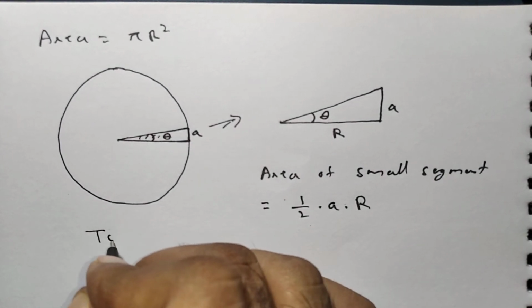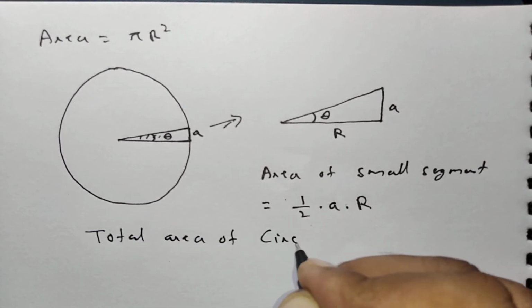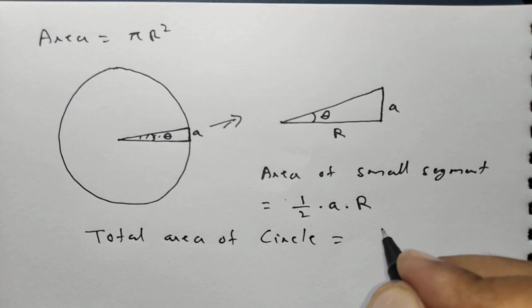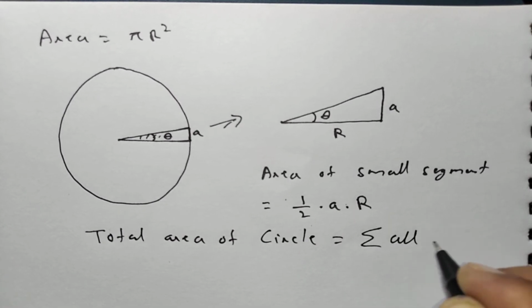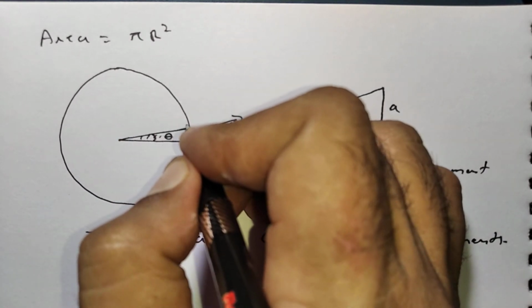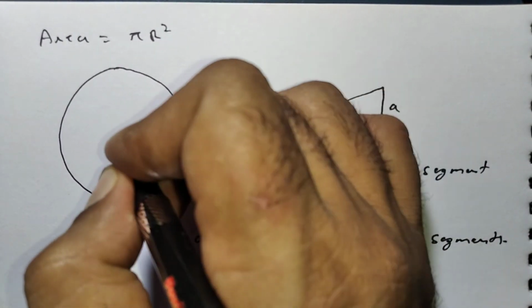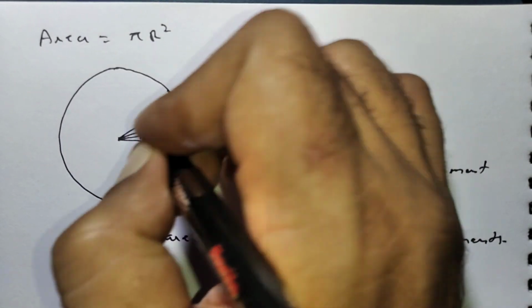Therefore total area of circle will be equal to summation of all segments, that is we will draw again one perpendicular, then radius, again one perpendicular, then one perpendicular.